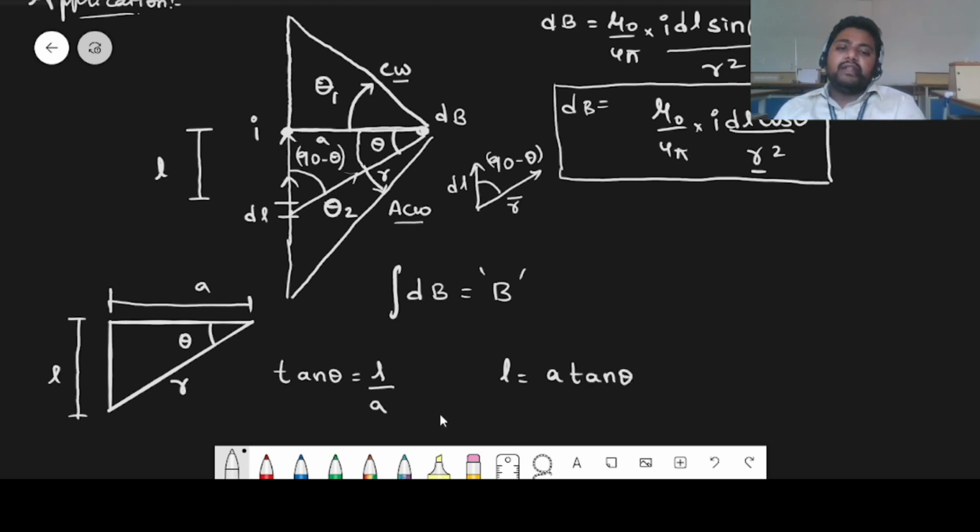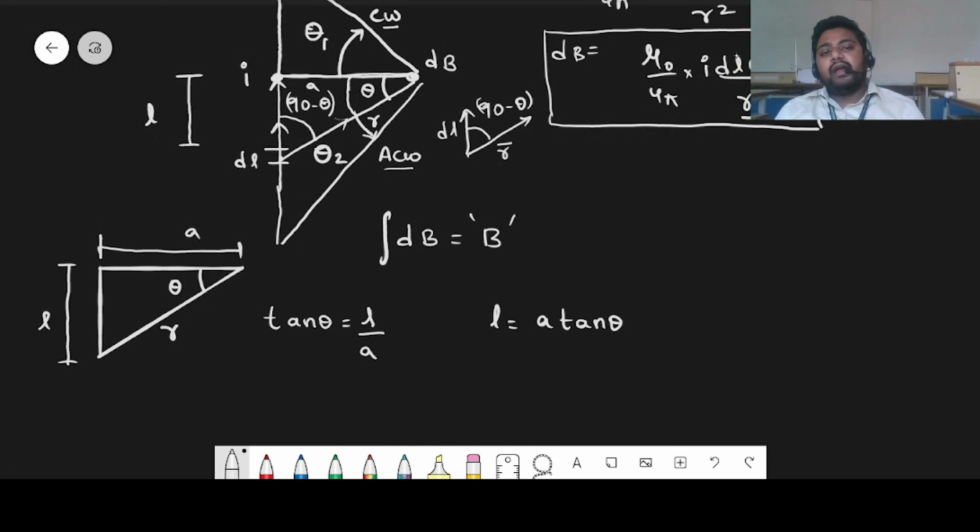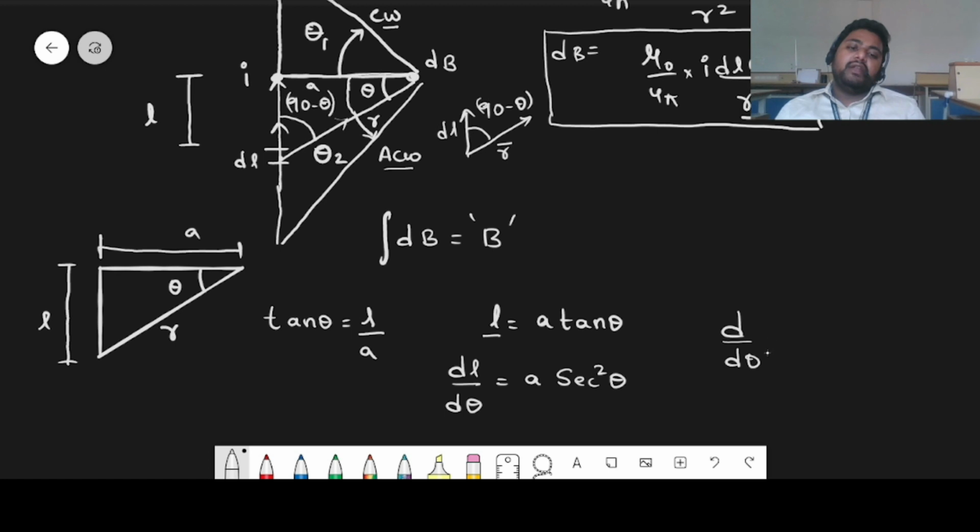Now, if in this expression I am having dl length, I want to differentiate this with respect to theta. So dl by d theta can be written as A into secant square theta, because differentiation d by d theta of tan theta is secant square theta.